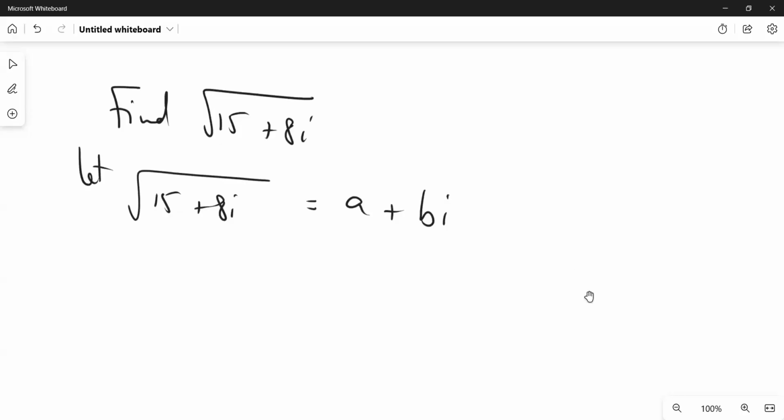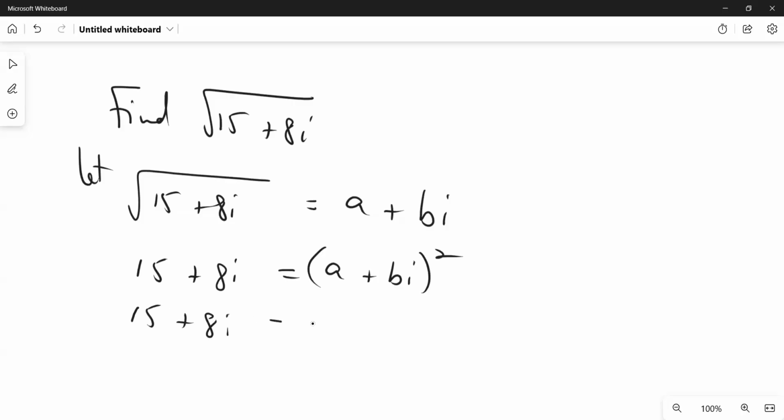We don't know what it is, right? So if we square both sides, we'll get 15 plus 8i equal to a plus bi squared, right? Good. So when we expand this out, this side is the same thing. You're going to get a squared. I know you'll question this too.